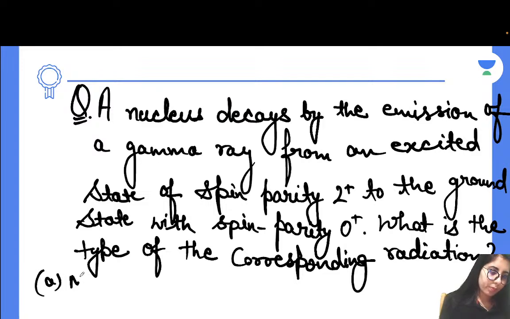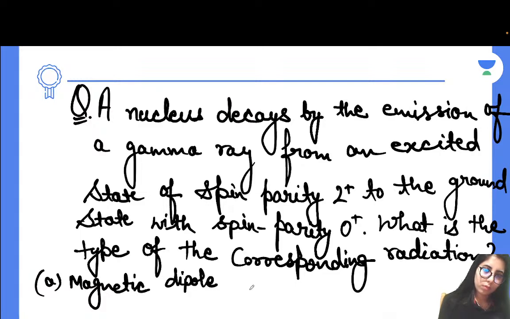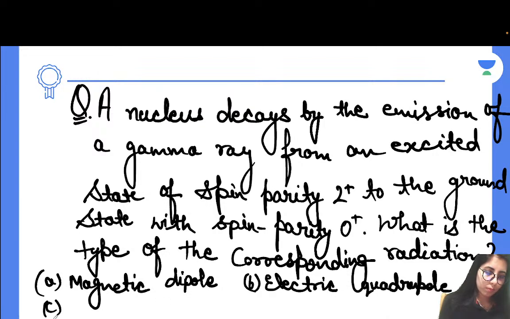Options are: A, magnetic dipole; B, electric quadrupole; C, electric dipole; and option D is magnetic quadrupole.